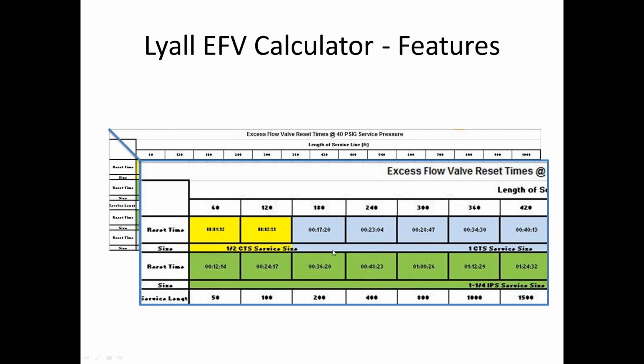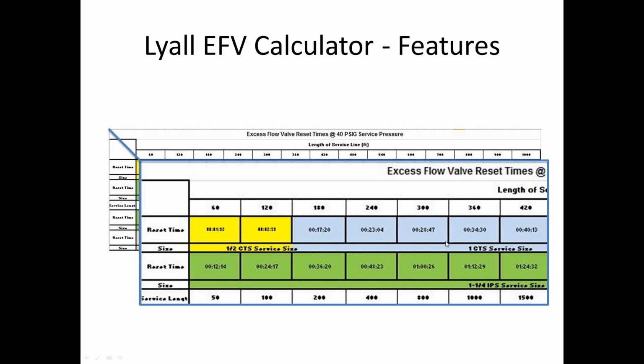But that would say if your crews are using an excess flow valve on a 1 CTS service, and 40 psig is your expected service pressure, up to 240 feet, you should wait 23 minutes and 4 seconds for the valve to reset before checking to see that it actually did reset and is functioning properly, so that you don't get into this oscillation mode where you keep checking and the valve never has a chance to reset.